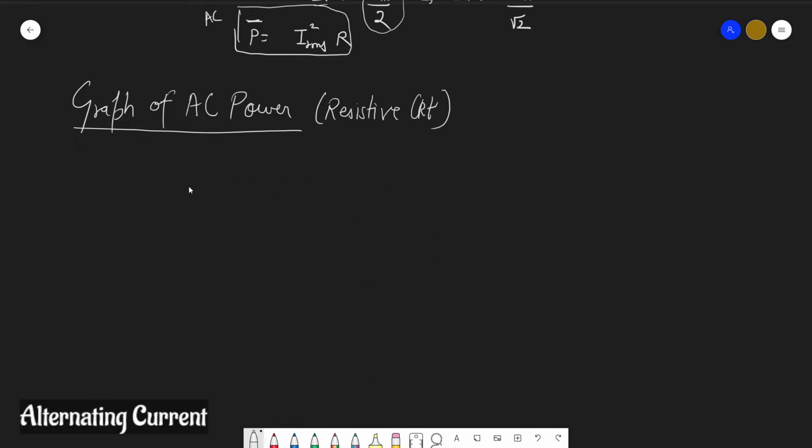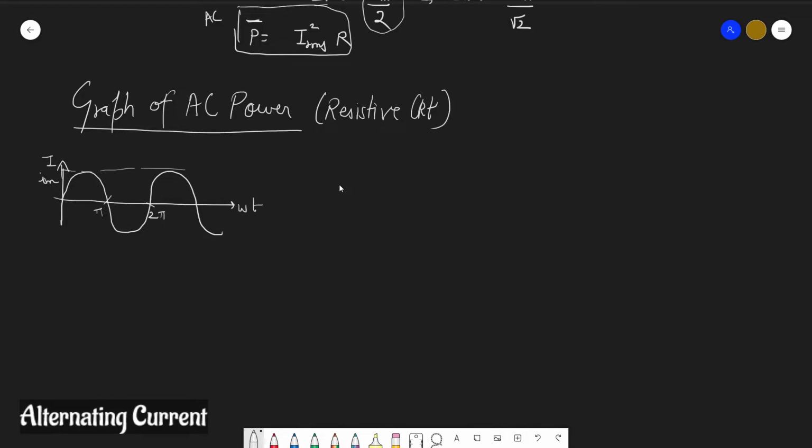Now let us see the curve. If I take the I graph, this is I, this is omega t. The graph is sinusoidal in nature. We have already found the current in this resistive circuit. This is pi, this is 2 pi.